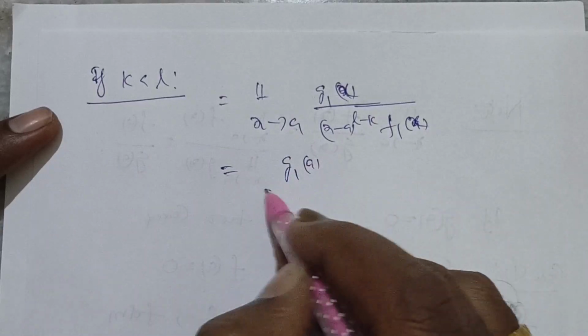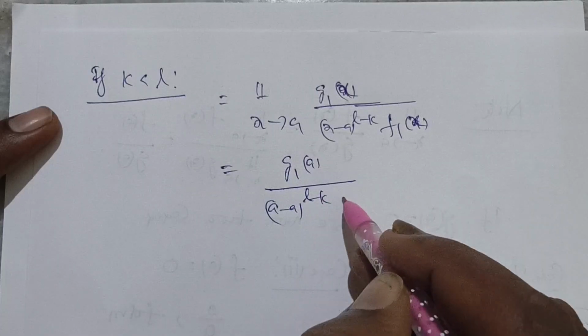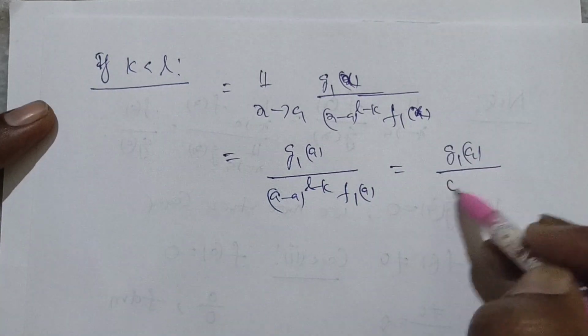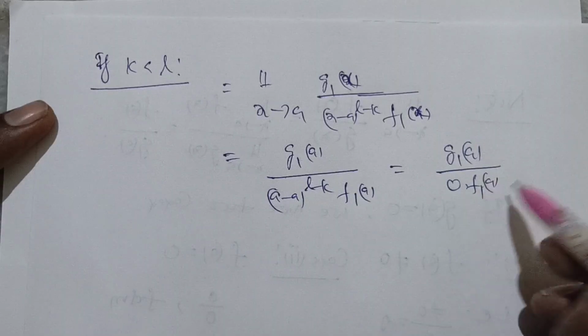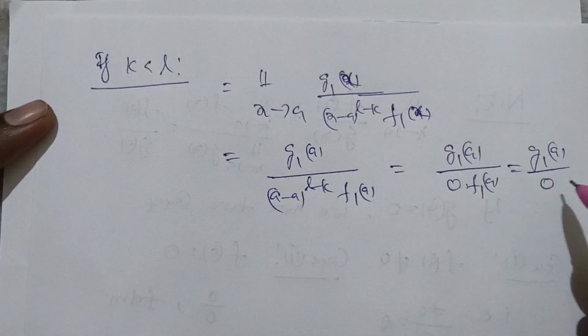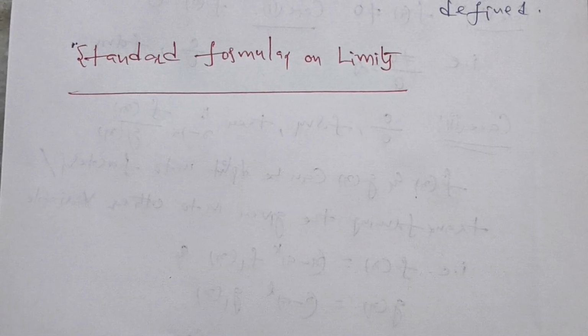Means by using a power m by a power n, if n greater than m, we have 1 by a power n minus m. Now we apply x equals a. We have 0 in denominator. So anything by 0 is equal to infinity.